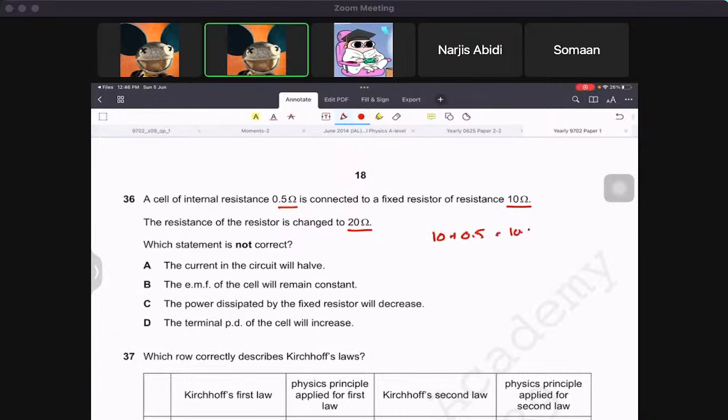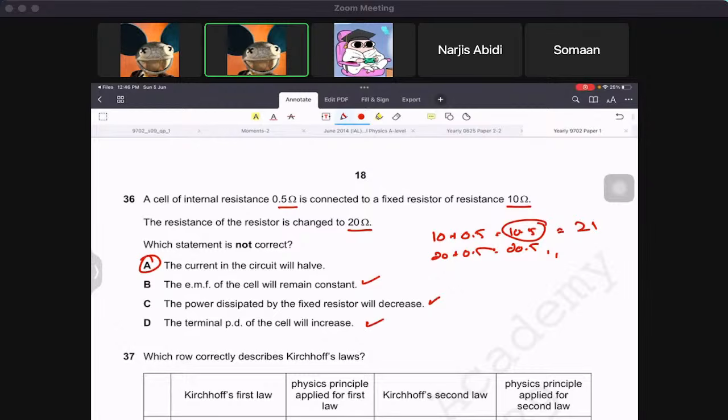Now the resistance is 20 plus 0.5, which is 20.5. Has it gone double? No, it's not double. The double of this should be 21. So the resistance will not be halved, so that is the wrong answer. EMF will remain constant. Power dissipated in fixed resistor will decrease. That's correct, because current will reduce. Terminal potential will increase because resistance at the terminals will increase.